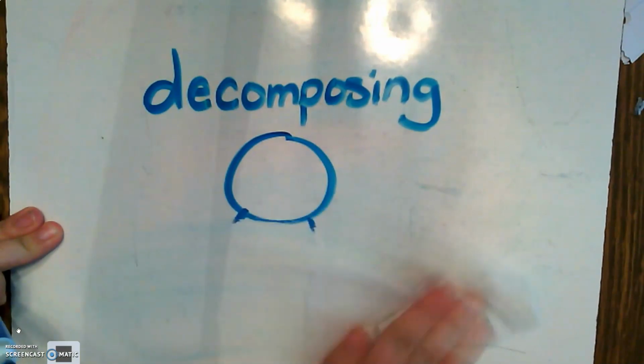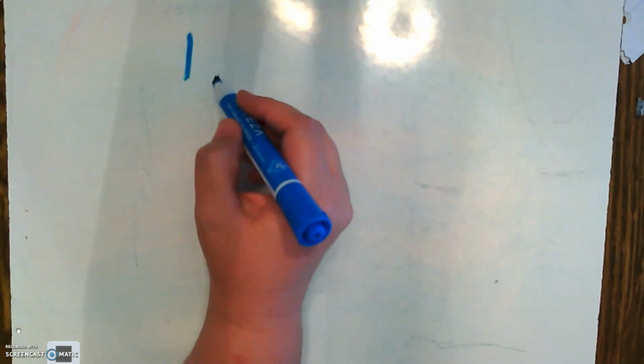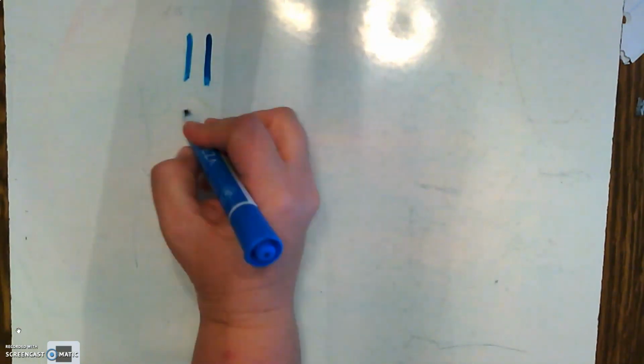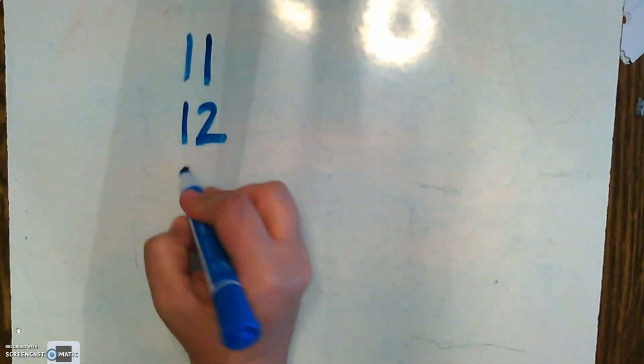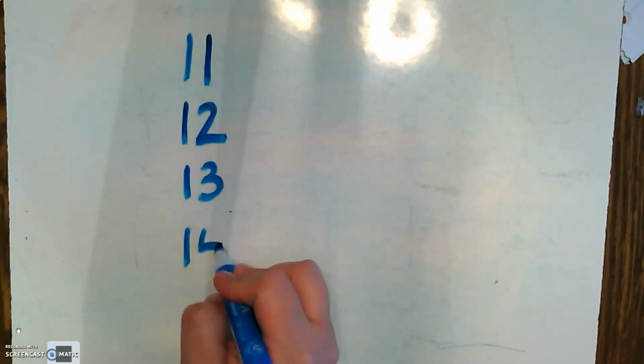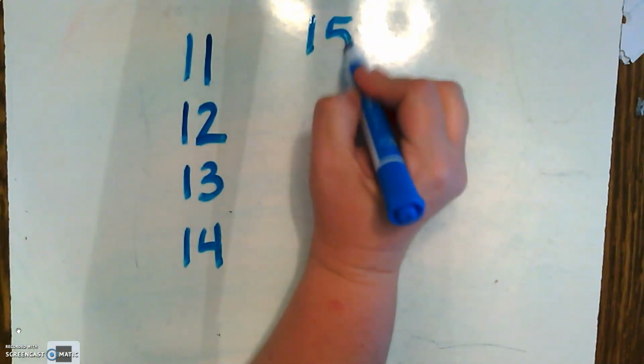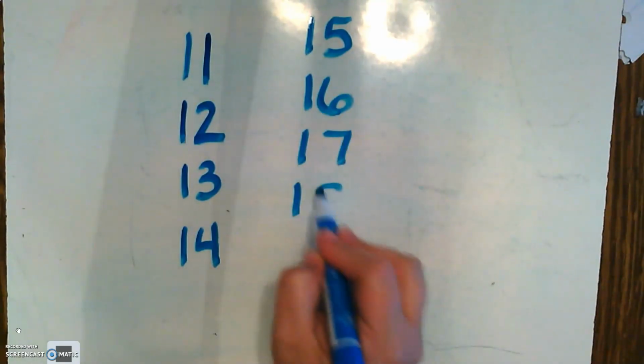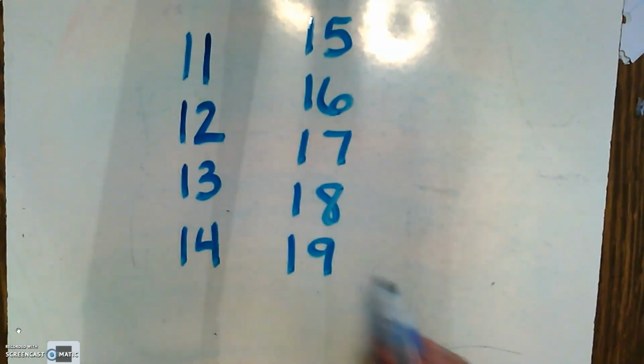Okay, so the numbers that we're going to use for this are our teen numbers. And remember, teen numbers are numbers that start with a 1, and that 1, really what that 1 equals is a group of 10. Okay, so we have the numbers 11, 12, 13, 14, 15, 16, 17, 18, and 19.